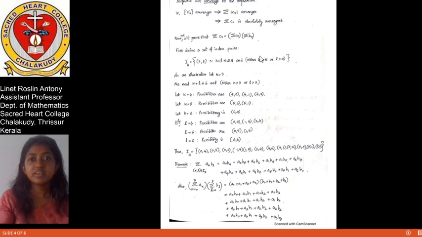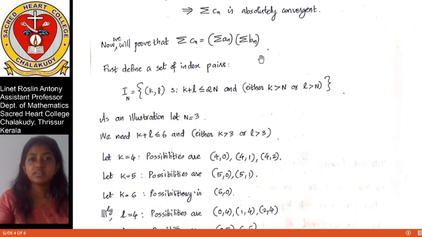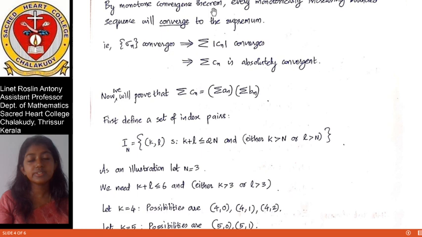Now we are treating a real sequence, and we have the monotone convergence theorem, which says that every monotonically increasing bounded sequence will converge. That means the sequence sigma n converges, which will imply summation modulus of Cn converges, which will imply summation Cn is absolutely convergent.